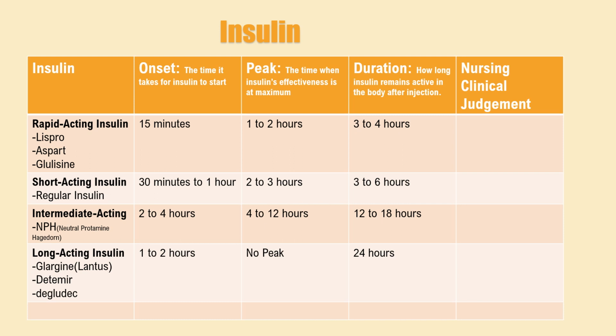Okay, so onset 2 to 4 hours, peak 4 to 12 hours, duration is 12 to 18 hours. Then the long acting insulin, the most common ones we see often are Lantus, Levemir, Detemir. There's no peak, but the onset is 1 to 2 hours, and then duration is 24 hours.